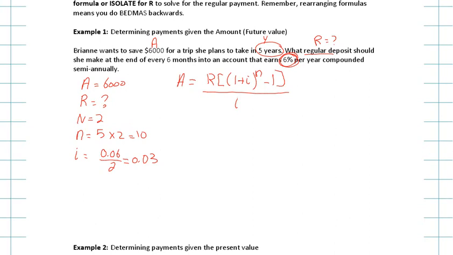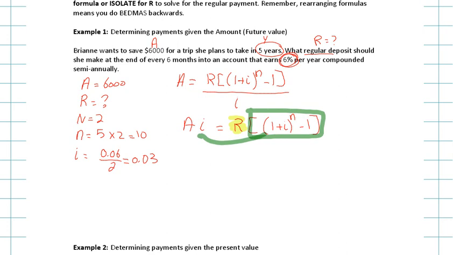So that would be A times i. Now, I want to leave R here, and I want to move this to the other side.